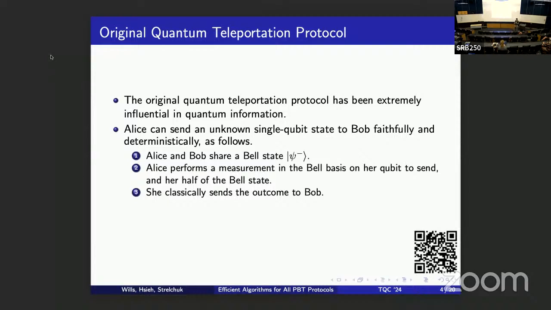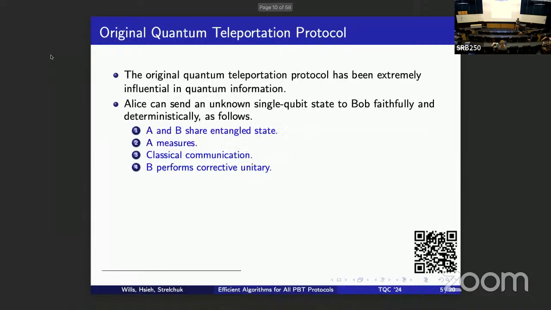And then Bob receives it, and conditioned on the outcome, he does some form of corrective unitary. In this case, the corrective unitary is a Pauli matrix. So, this is all very familiar, and we can boil this down to its essentials and say A and B share some entanglement, A does some measurement, they do classical communication, and then Bob does some corrective unitary.